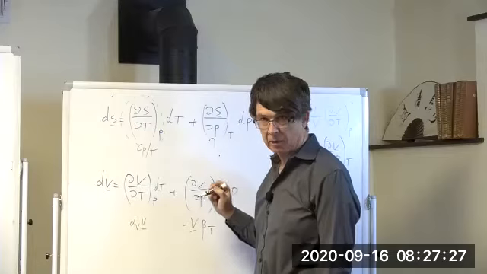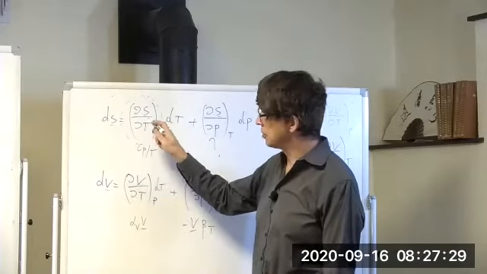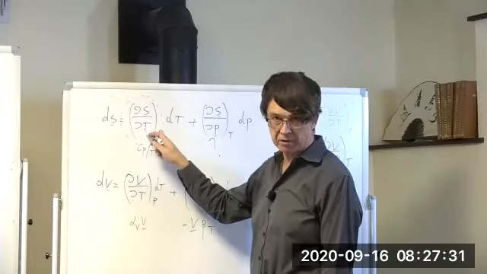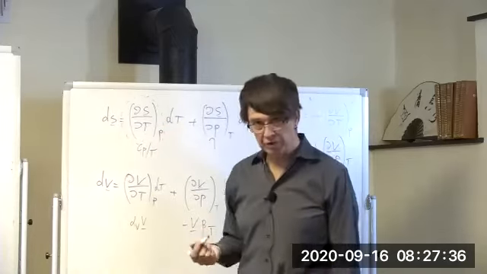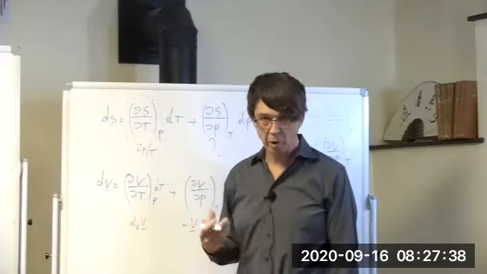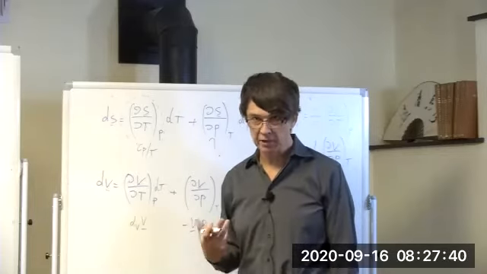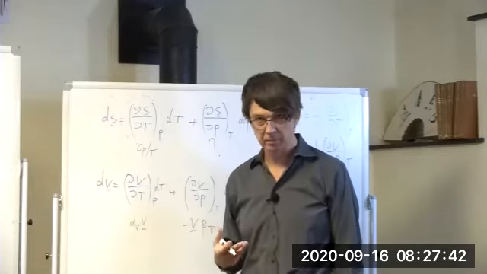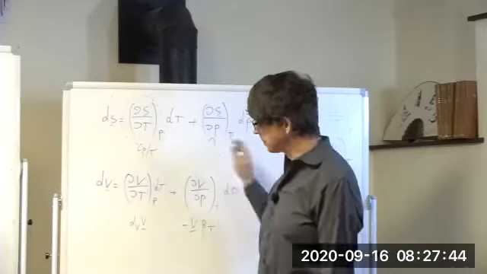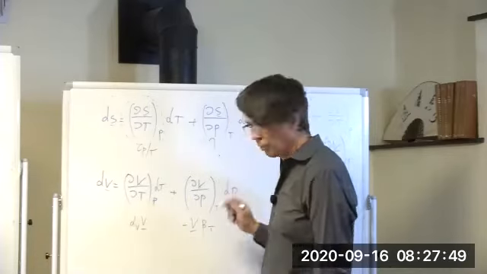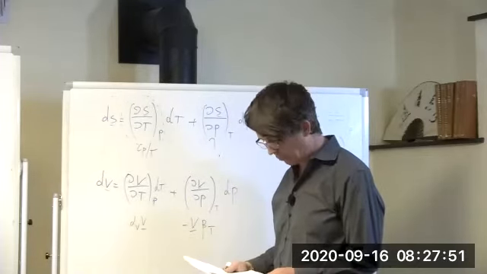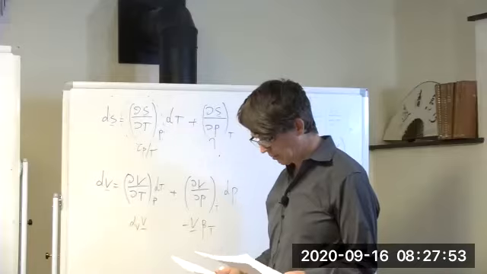Since S is the first derivative of G with respect to T, what I really have here is d squared G dT squared. We'll go into this more later, but properties of materials enter as second derivatives of the potential. The Hessian, or the matrix of second derivatives, is where all the properties enter. We'll formalize that a bit later.